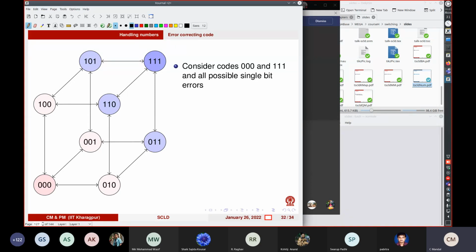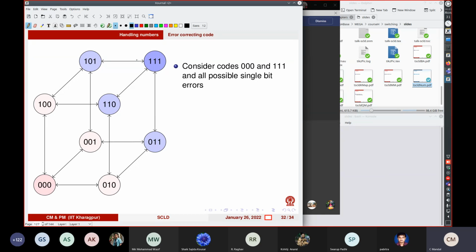Now, suppose 2 bits are in error. All right, then what should be the distance between the valid codes?